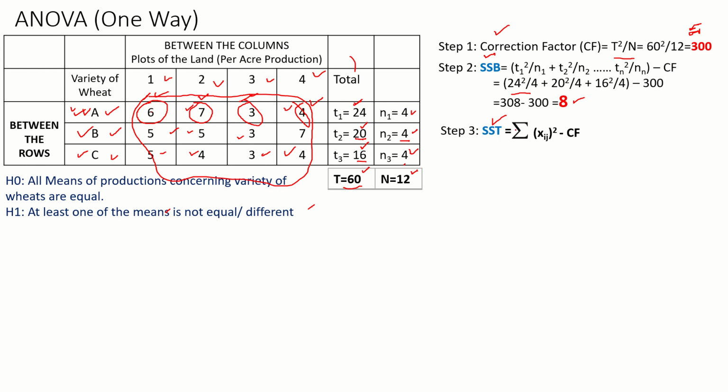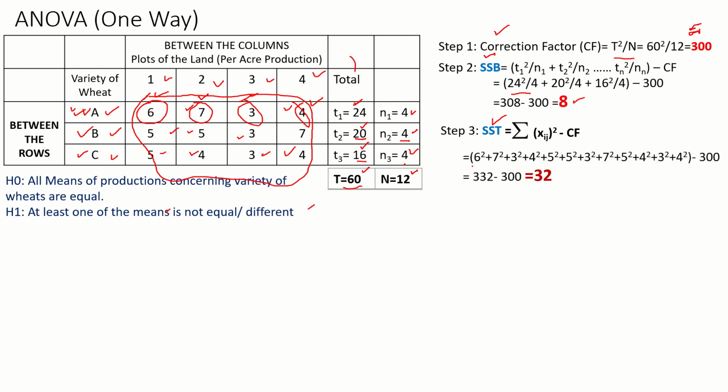That is the sum of xij, means values in cells, elements in the table or values that are given in the table. So we are making the sum of all these squares and deducting from that the correction factor.